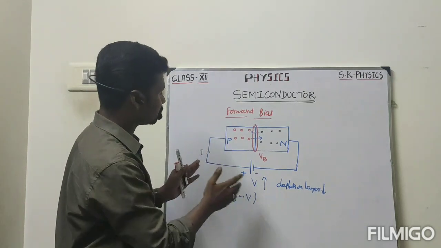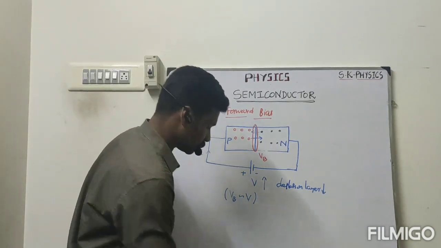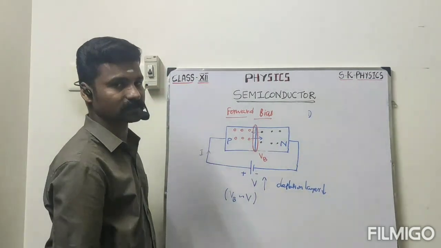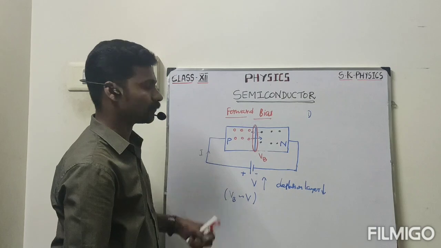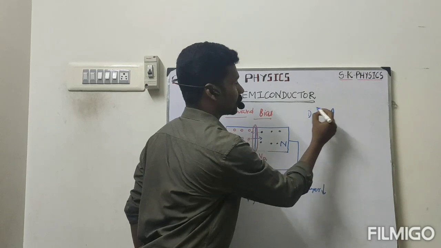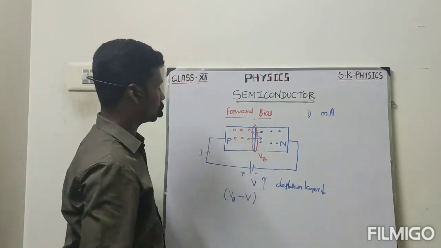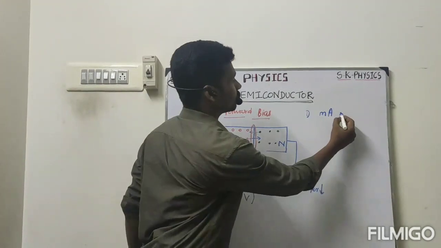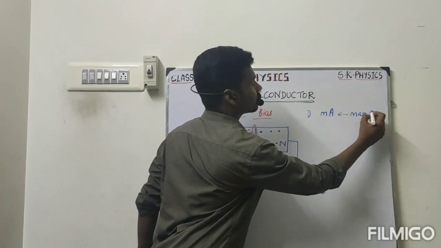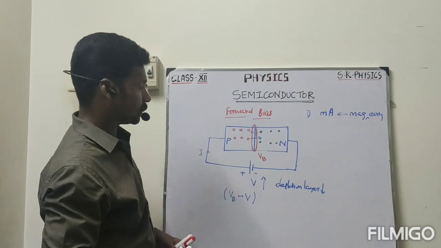Now, based on the forward bias, some important points we are going to discuss. The first point, listen, is about the current. From the forward bias we can get good current, that is in milliampere. The second, that milliampere current is also due to the majority charge carriers.